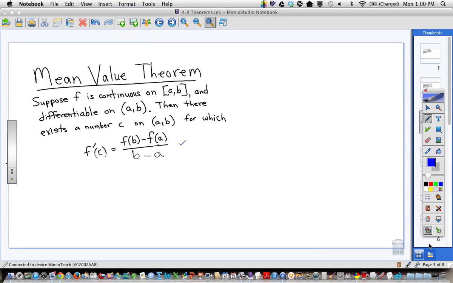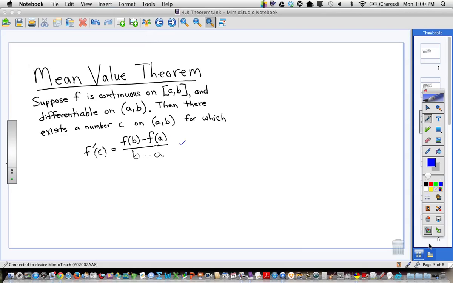It says, suppose that f is continuous on the closed interval [a, b] and differentiable on the open interval (a, b). So that's important. We've added something here. The first two theorems, the function just had to be continuous. Now it also has to be differentiable.